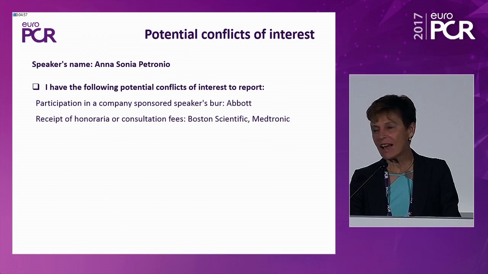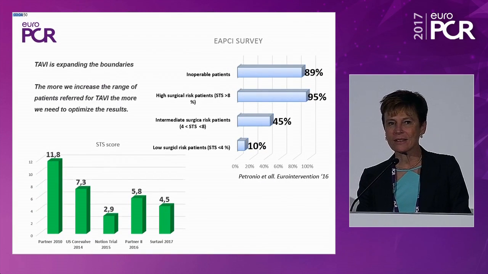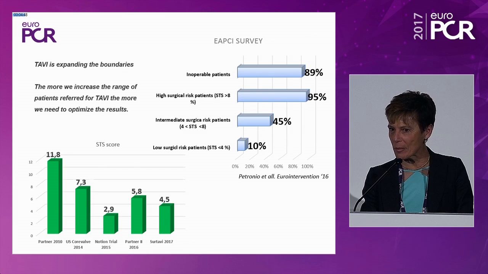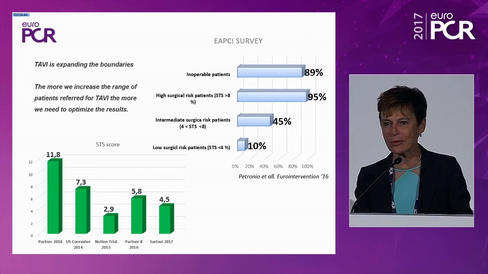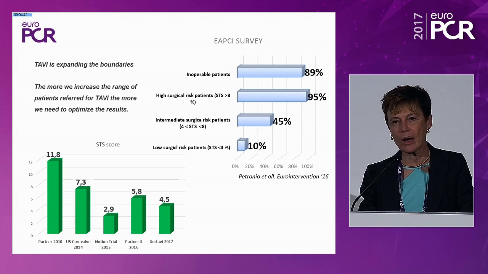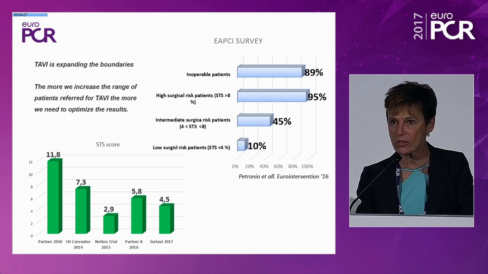Okay, so anyway, I have to thank all the speakers because they were really complex cases. And I asked myself why we were talking about this today: if TAVI is expanding the boundaries, then we need to optimize our procedures. Trials are getting lower and lower risk scores, but in truth the TAVI centers are already treating intermediate risk and sometimes lowest risk patients.